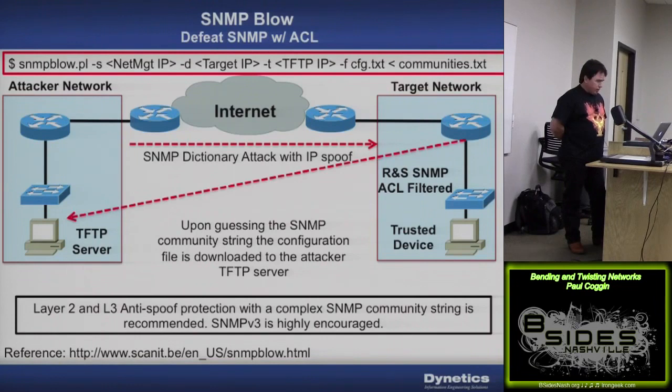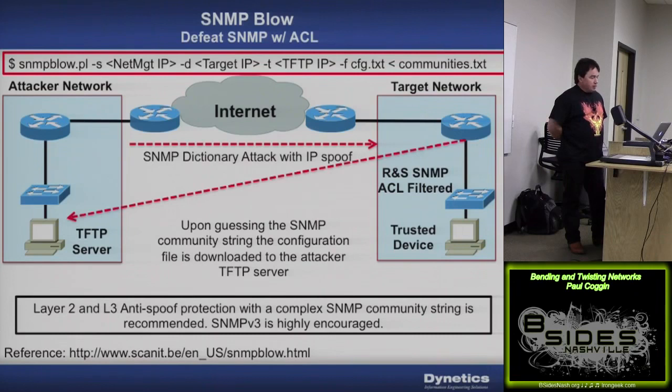And if you've learned what the trusted host is for monitoring and managing the network, you can feed that into this SNMP Blow script and specify the network management IP that's trusted by the routers and switches, because we're assuming that these routers and switches have been secured and there's an access list that is controlling and limiting what devices can touch SNMP on these devices.